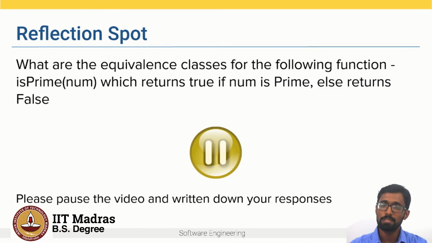So now let's reflect on this question for a moment. Let's say we have a function called is prime, which takes num as input. Num is a positive integer and it returns true if num is prime, otherwise it returns false. So what do you think are the equivalence classes for this function?